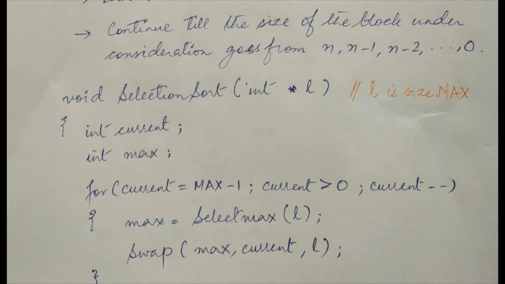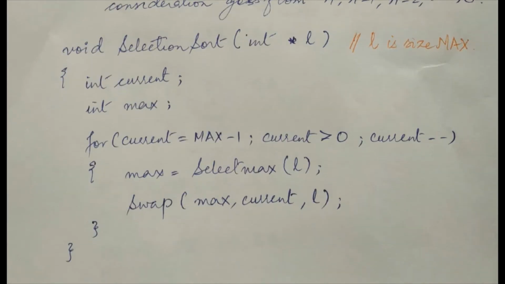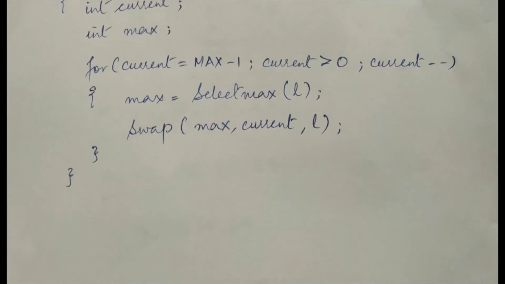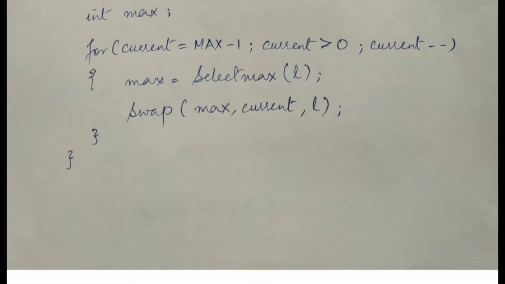So selection sort means select the maximum element, put it at the last place. Then for the rest of the array, 0 to n minus 2, select the maximum, put it at the last location of that block, and continue. Okay, I haven't written swap and select max, which you can do. You can also pass the left and the right limits of your array in this select max.